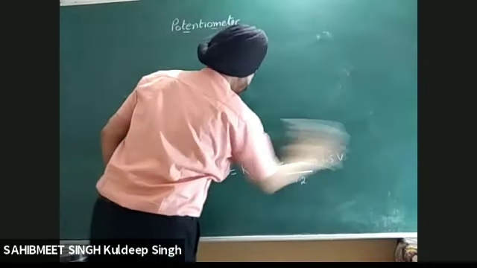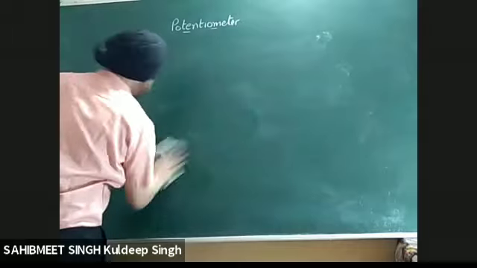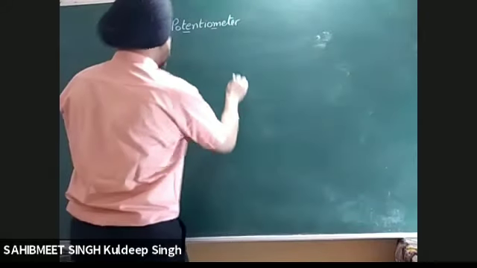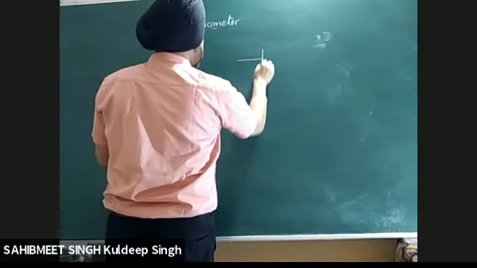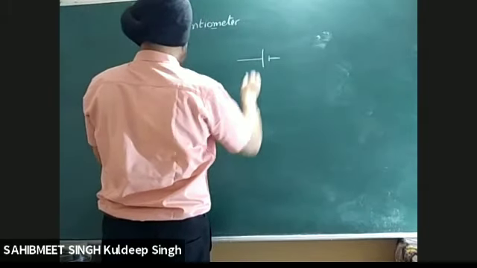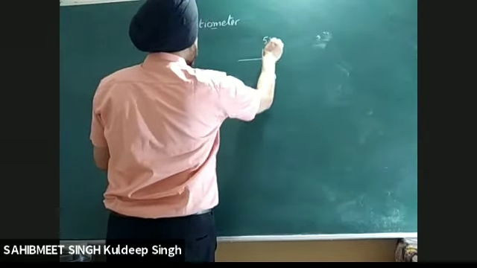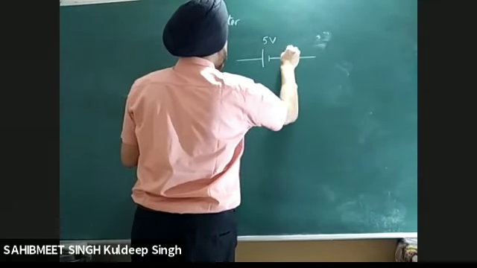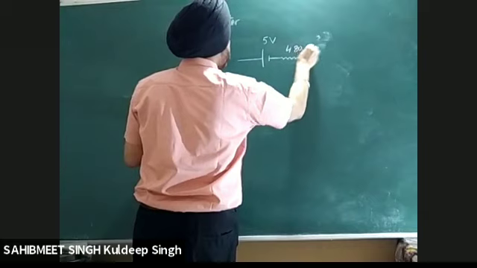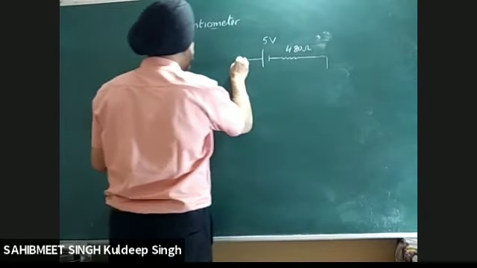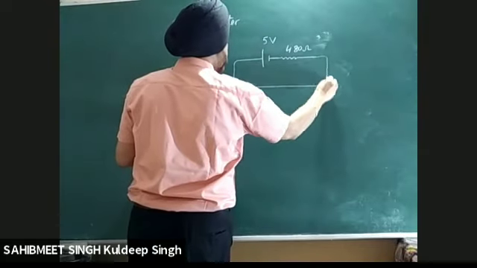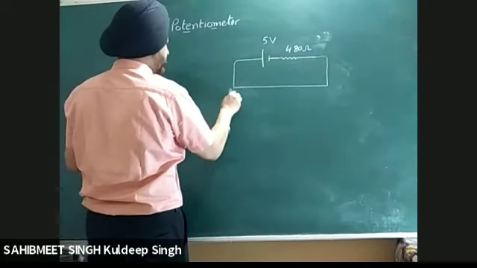Say we have another circuit. Let me draw the circuit first. This is the 5 volt, 480 ohm, and then the potentiometer wire AB.